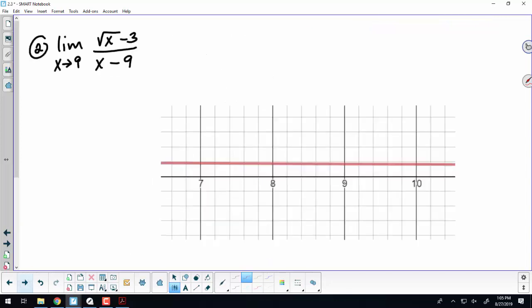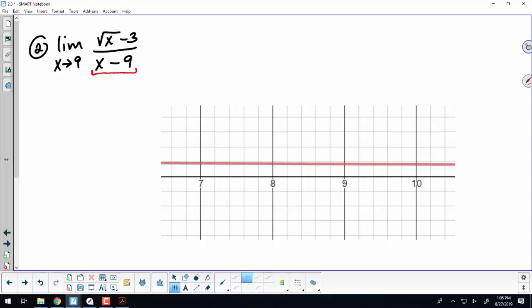Okay, so this is another example, quite similar to the previous one. We could involve the conjugate of the numerator, and again, the conjugate's there to get rid of the radical portion. So we would conjugate the numerator and then multiply the top and bottom by the square root of x plus 3. Or we could say, this is a similar situation.